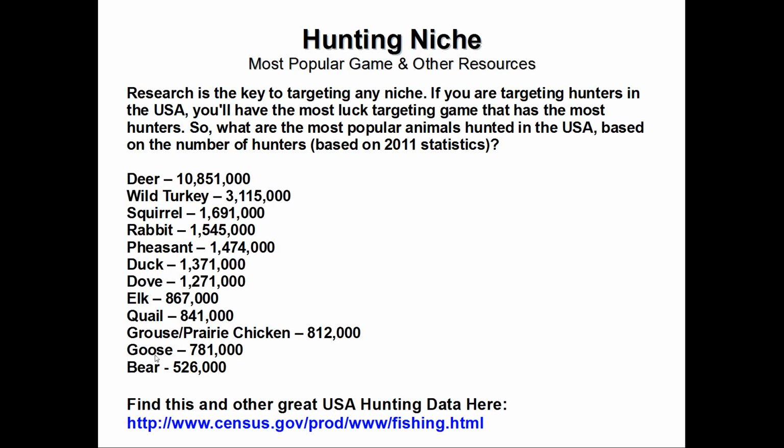So I would consider any one of these to potentially be a good possible niche that you can target. However, up here at the top, anything over 1 million, these are obviously going to be the most popular and may give you the best chances of success.